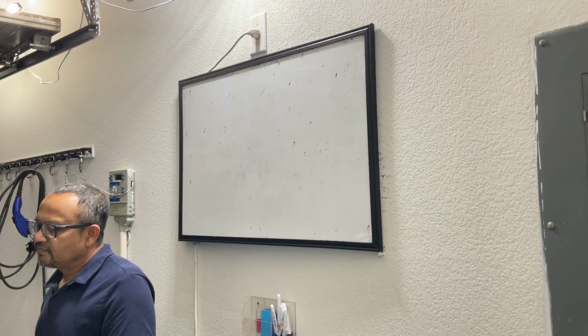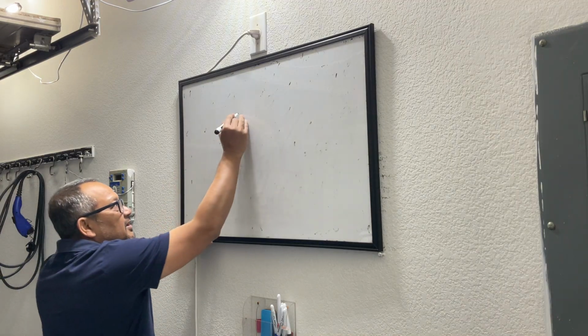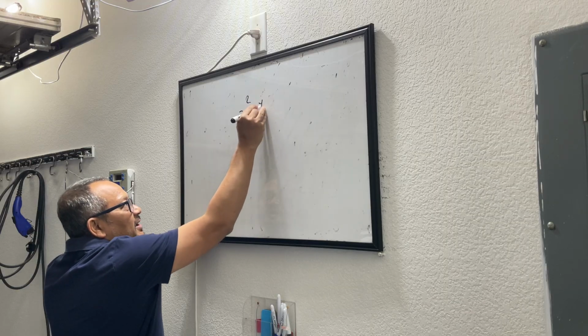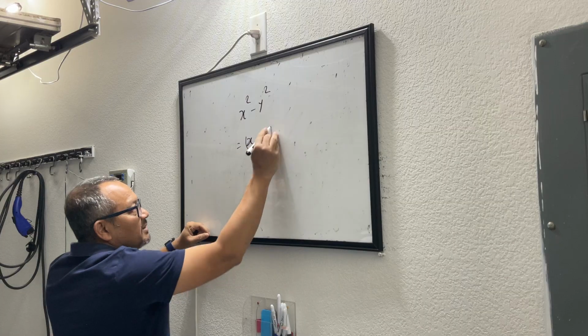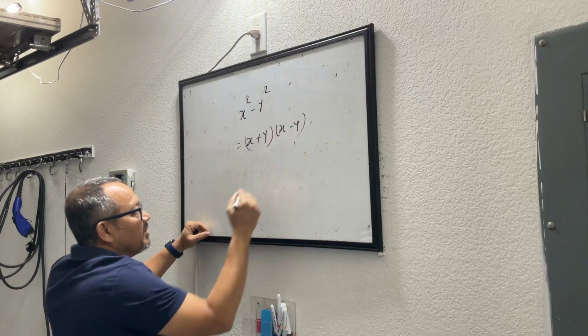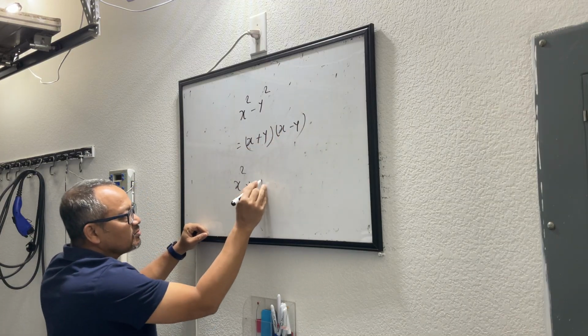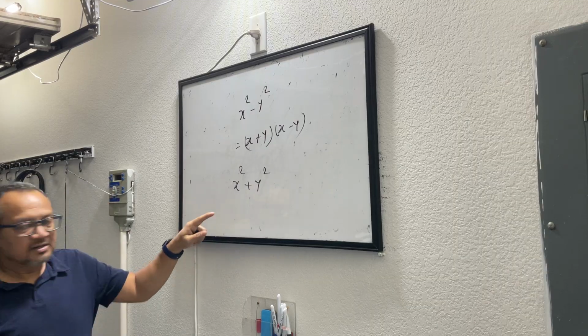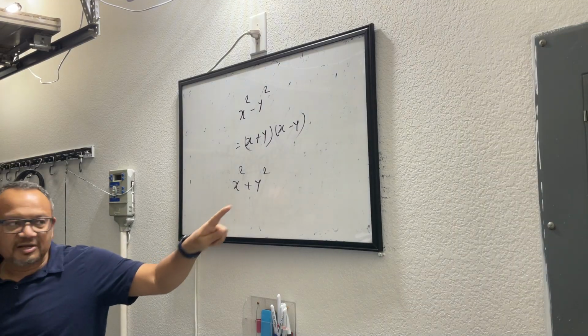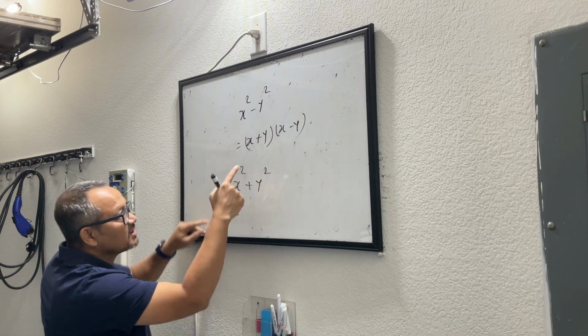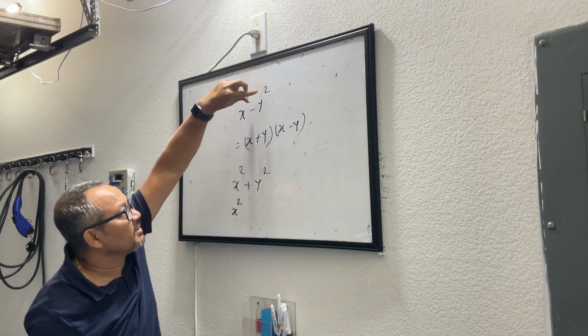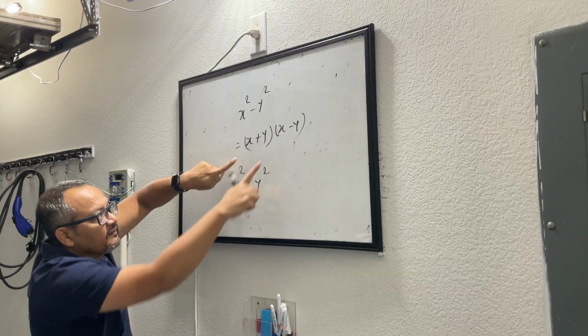We also looked at a situation where if I have to factorize x square minus y square, I can say x plus y times x minus y. But if I have x square plus y square to factorize, that is where the complex number played an important role. When I have something square minus something square, I can factorize it this way.